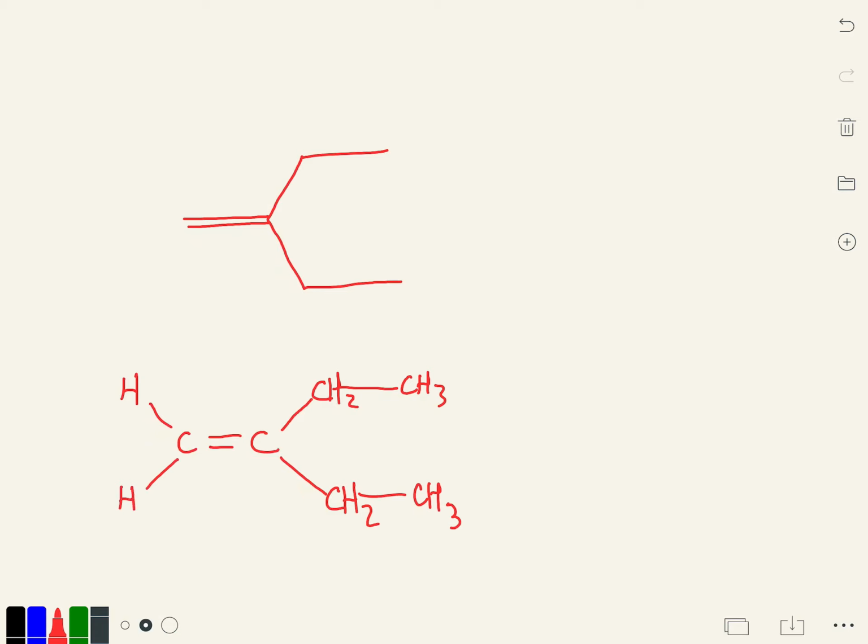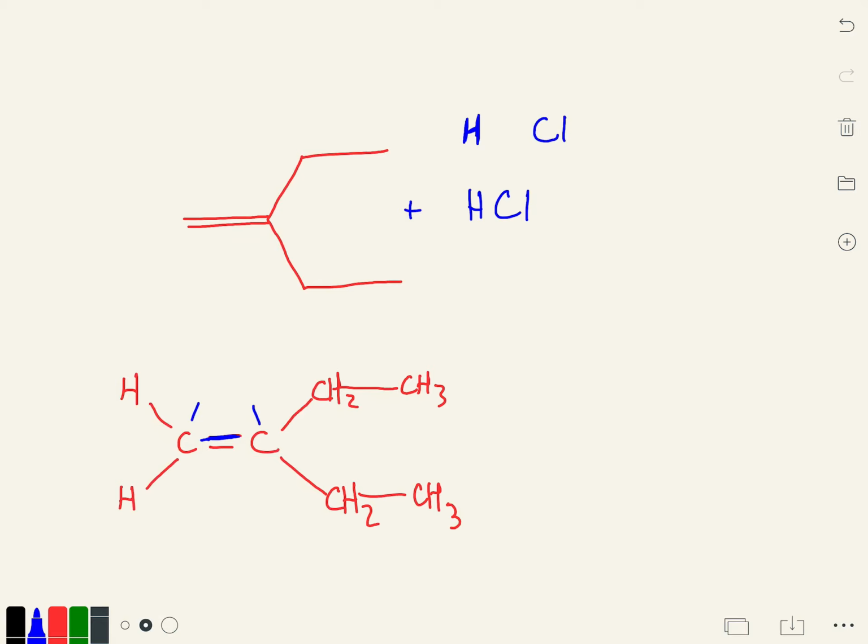Okay, so we're going to break this bond in blue and actually just form 2 new bonds onto these 2 carbons. Now we're adding HCl. So we're going to add an H to one of those bonds and a Cl to the other bond. Now the rule here was Markovnikov addition. Hydrogens will go to other hydrogens, chlorine will go to the more substituted carbon.